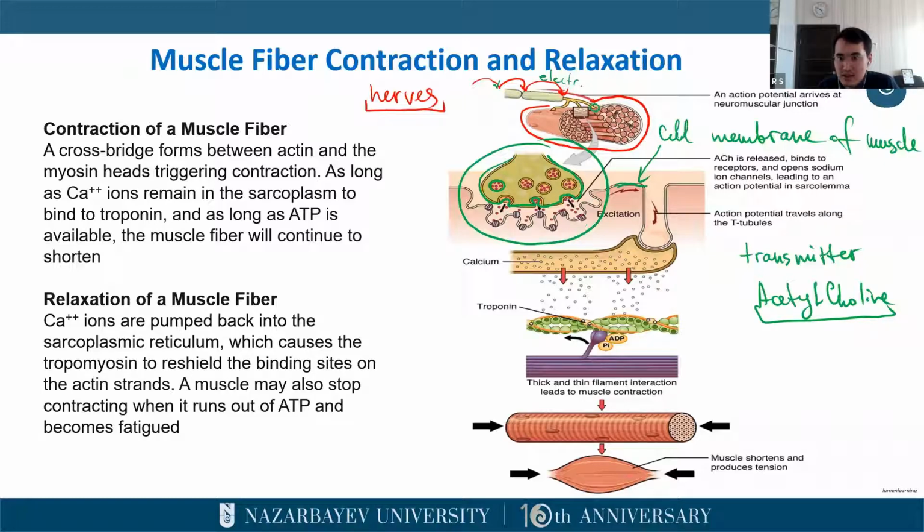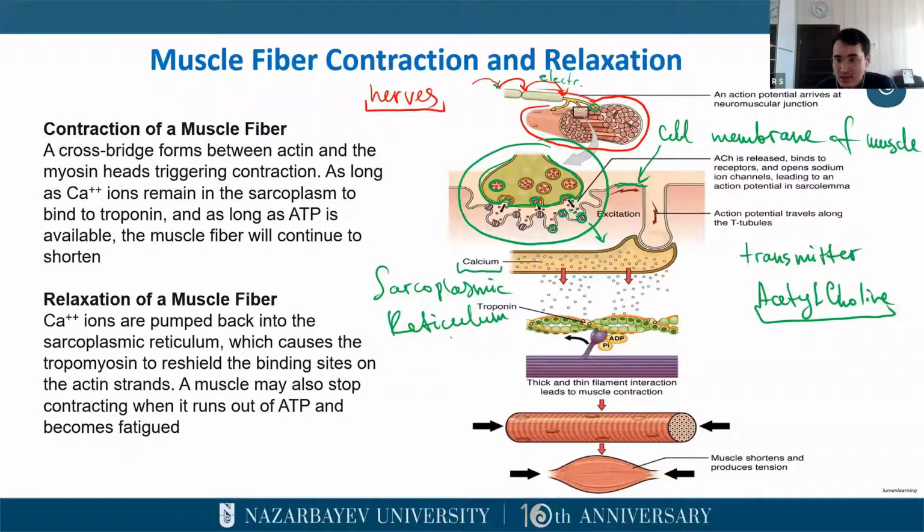And this acetylcholine regulates the pathway. So we have special receptors here. And whenever they are being excited by this acetylcholine, they send the signal to this sarcoplasmic reticulum. And this sarcoplasmic reticulum, or SR, releases the calcium ions inside it.